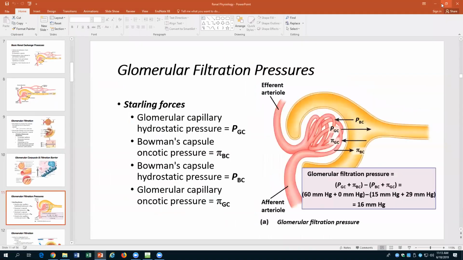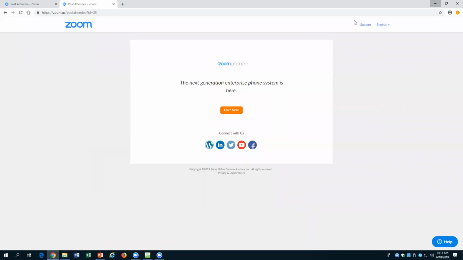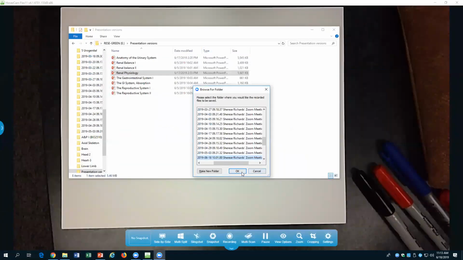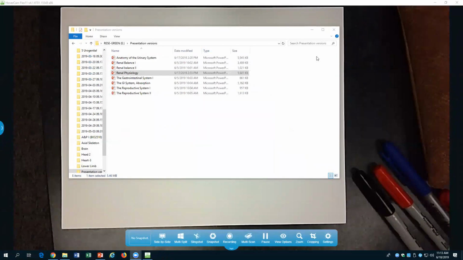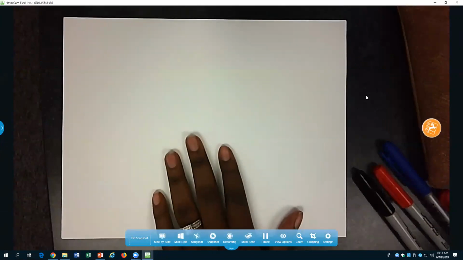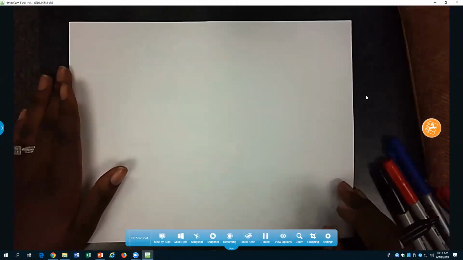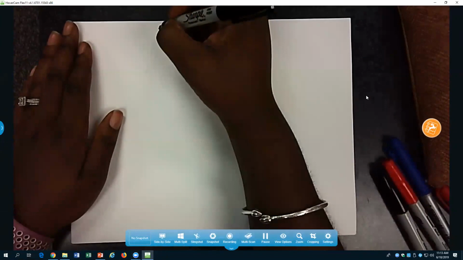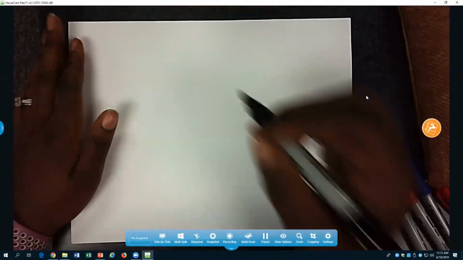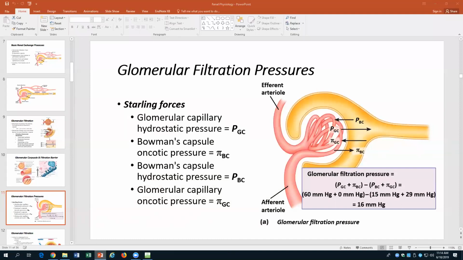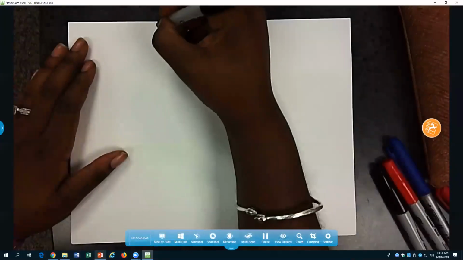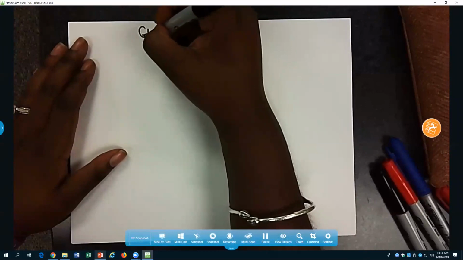So let's just draw this out a little bit and talk about how we can calculate these pressures. Right, so glomerular filtration pressures.